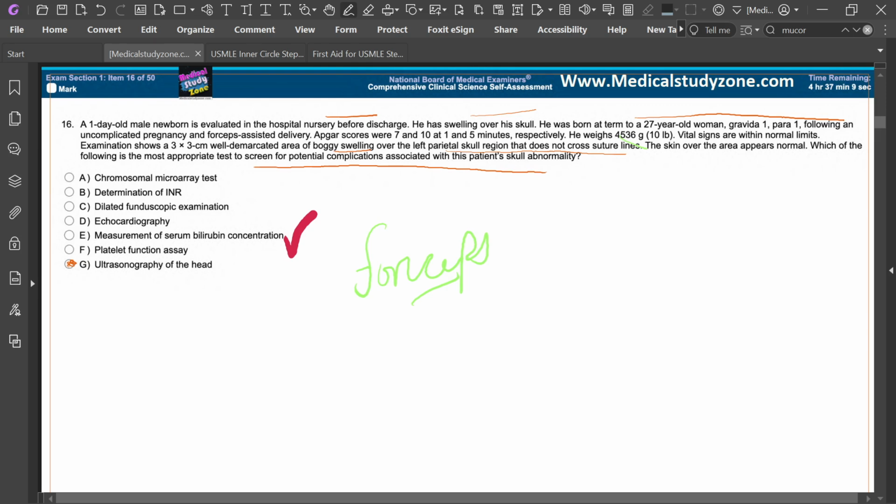Vacuum assisted delivery can cause scalp laceration, cephalohematoma, and brachial plexus injury due to shoulder dystocia, retinal hemorrhage, and intracranial hemorrhage.